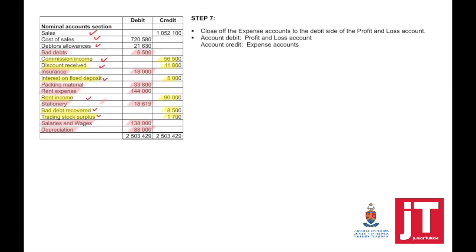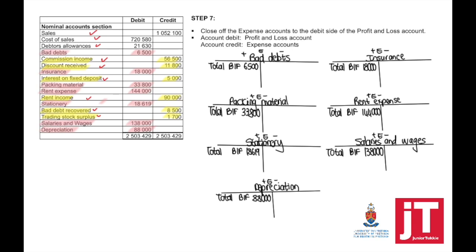So everything else which was left over now, the bad debts, insurance, packing material, rent expense, stationery, salaries and wages, depreciation, all of those are regarded as an expense, which means the totals brought forward appear on the debit side. And this must be closed off to the profit and loss account.